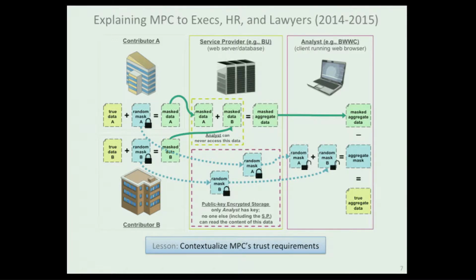You only have to trust the Boston Women's Workforce Council, which is a strictly weaker statement than this 1 out of 2 either-way security. Since we already understood the way that the contributors were likely to lean, we tried to contextualize the trust requirements of MPC to what we figured they would already be interested in. So it resonated with them that okay, BU is providing this service, but we don't have to trust BU.